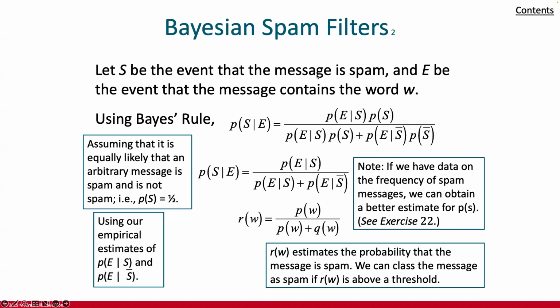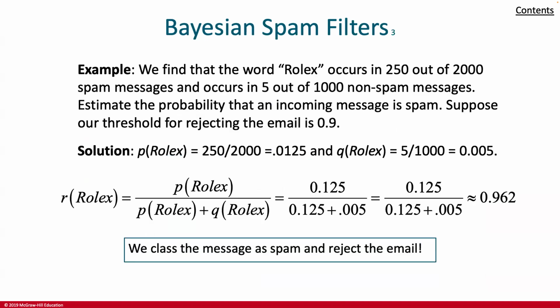Let S be the event that the message is spam, and E the event that the message contains the word W. And so we come up with some values here. There's also one of the exercises in Rosen where you can look at this in more detail. So this is a practical example that can be helpful for us.